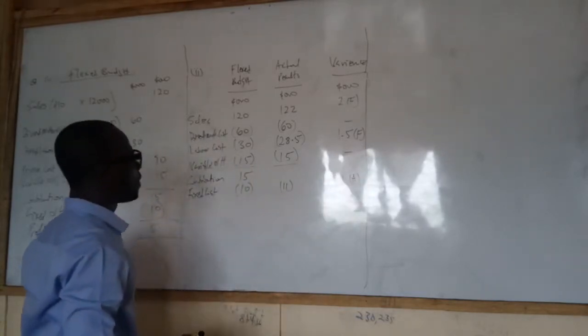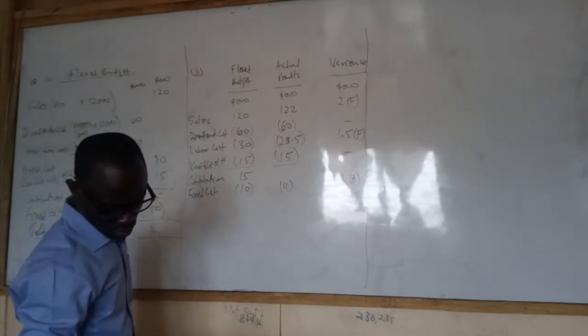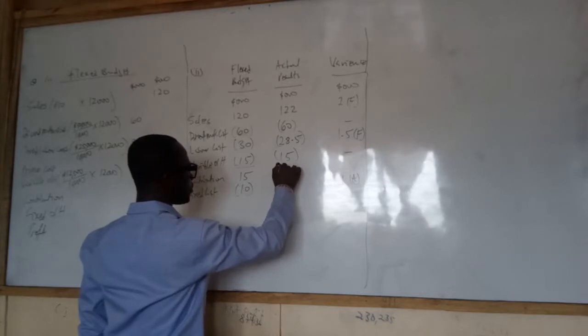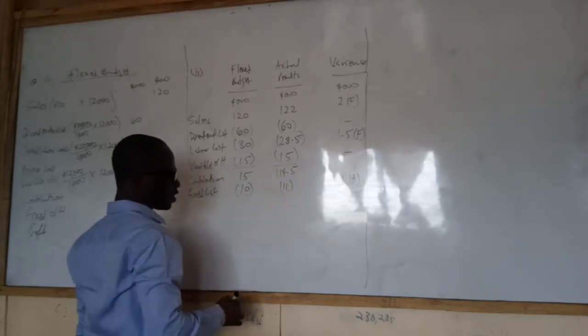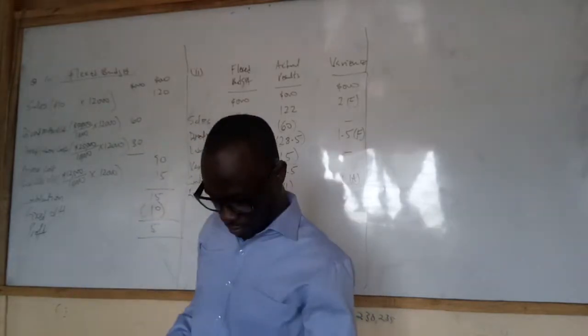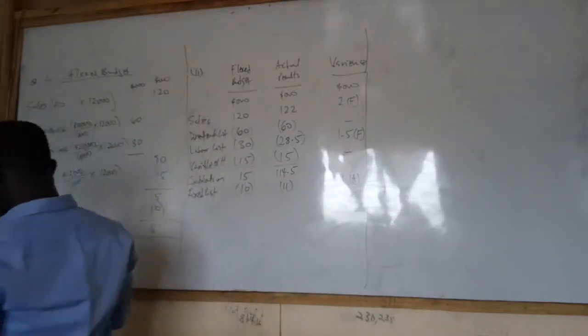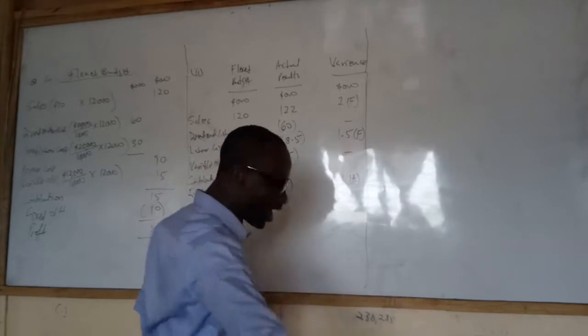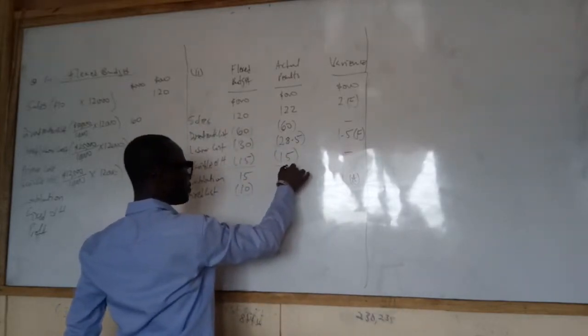What is the actual? Okay, it's already calculated. 114.5. It's already in the question. Can you see that one? Contribution is 18.5. Sorry, that's total cost. 18.5. Okay.